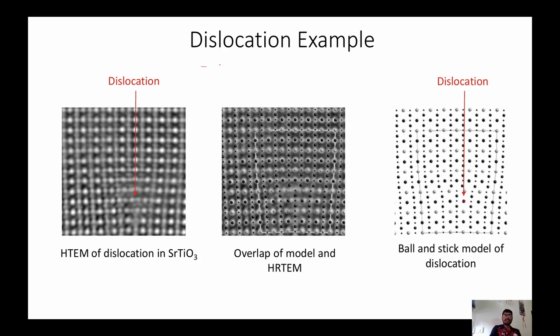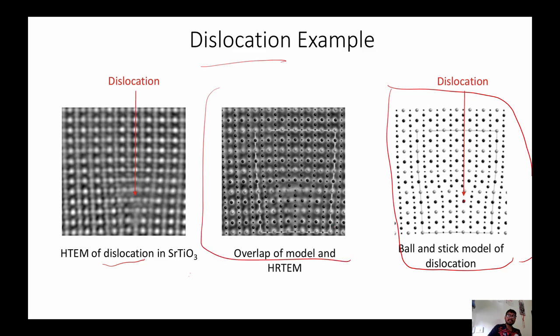And for a dislocation example, here is the real-life TEM image of strontium titanate, and this is the simulated image of the strontium titanate, and this is the merged image of strontium titanate, the HRTEM image, and the simulated image. So here you can see at this position there is a gap.